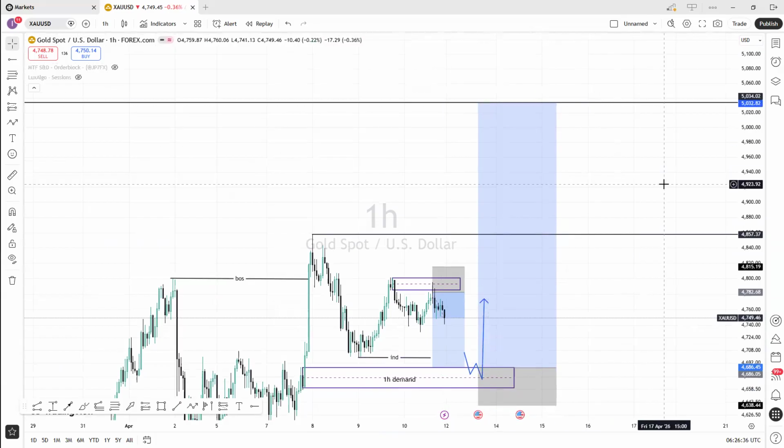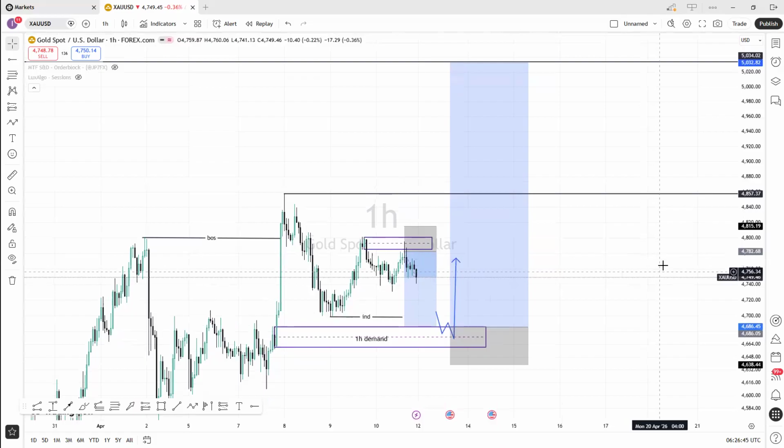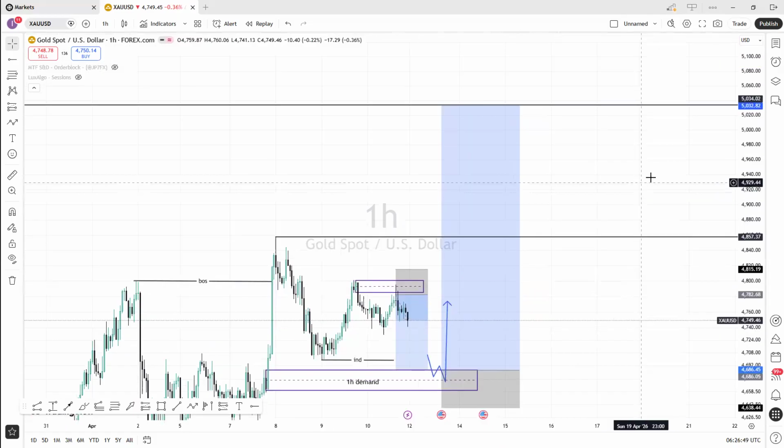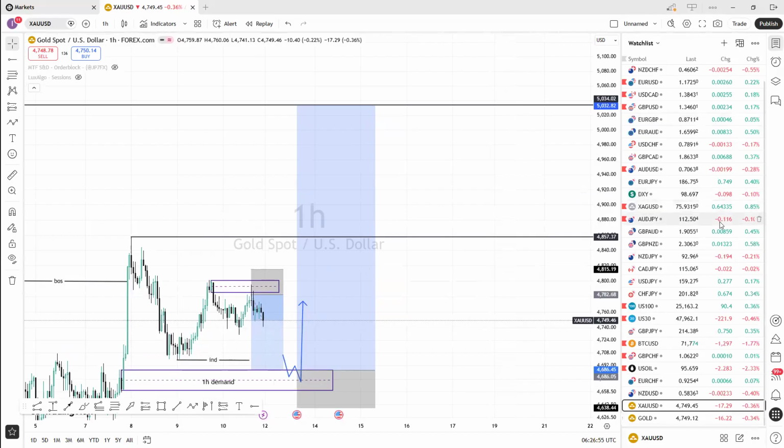Final target is 50.32. TP1 is 48.57. TP2 is 50.32. Okay, that is it on gold.